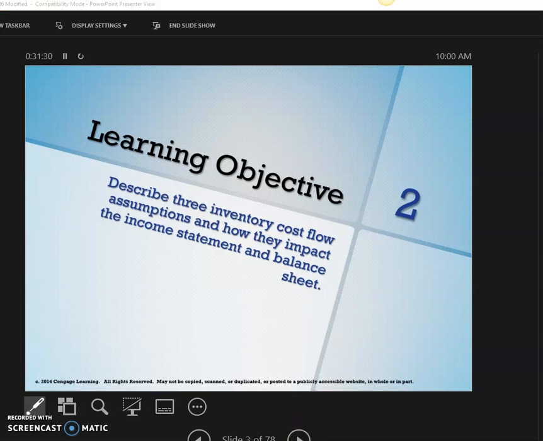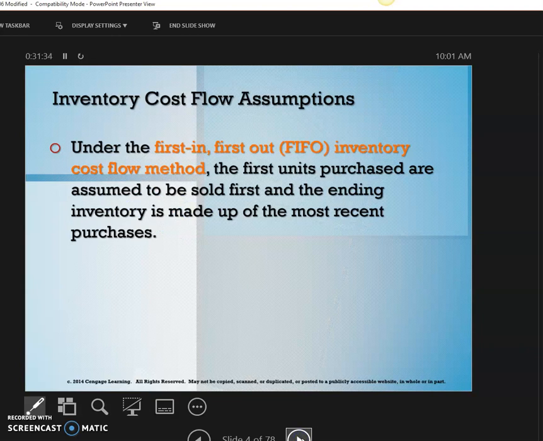The first one is called FIFO. It means first in, first out. So what it does, it assumes that the first costs you buy are the first ones you sell.